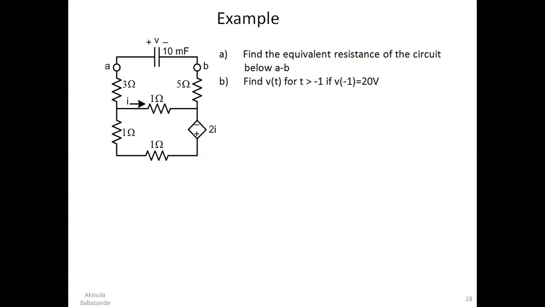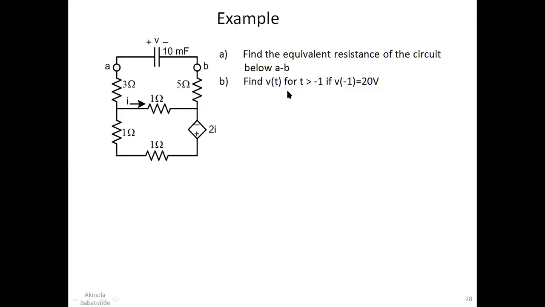So here is an example that we should deal with together. We have been given a circuit on the left-hand side, as you can see, and we have been asked to find the equivalent resistance of the circuit at the terminals A and B, the equivalent resistance below the terminals A and B, as you can see here.